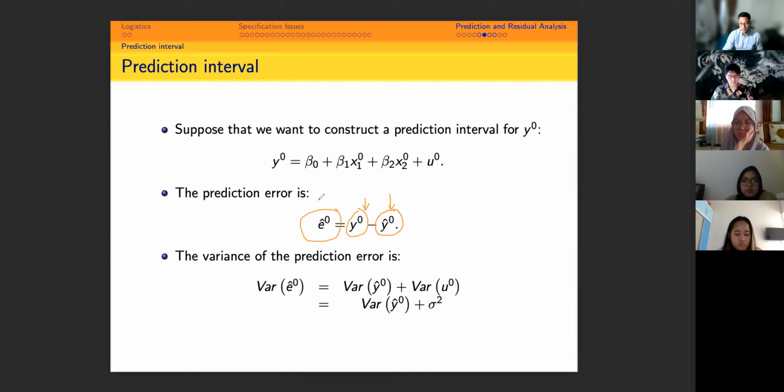Let's take the variance of the prediction error. It can be decomposed into two parts: the error variance, and the variance of the prediction itself. So there are two components in the prediction error.